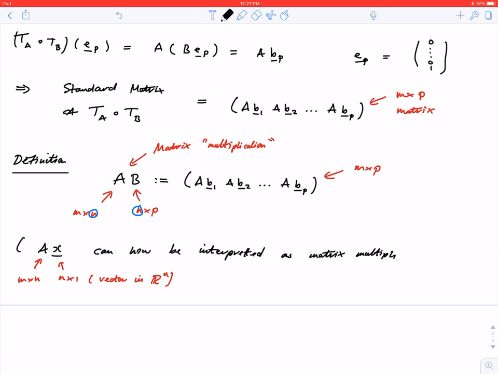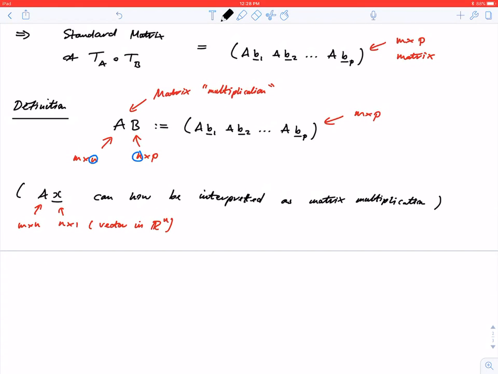It's kind of silly because we're using the definition of AX. We're using this definition essentially in my definition of the matrix multiplication. So it's kind of a chicken and egg situation, basically. Anyway, this is matrix multiplication.